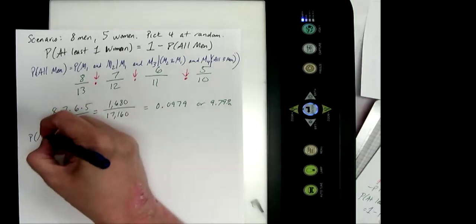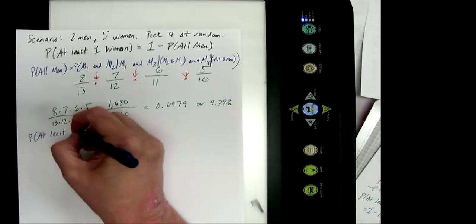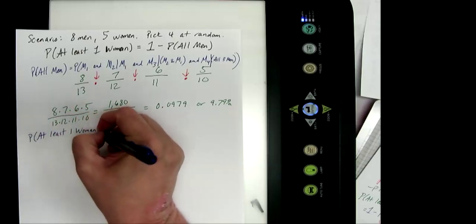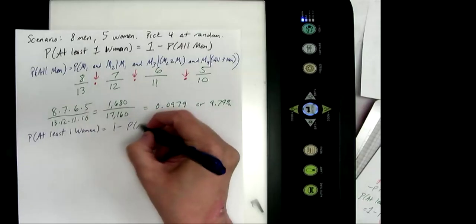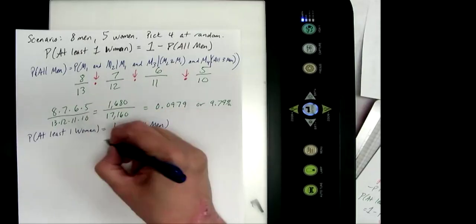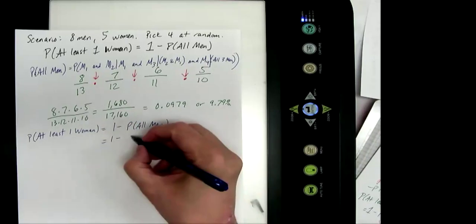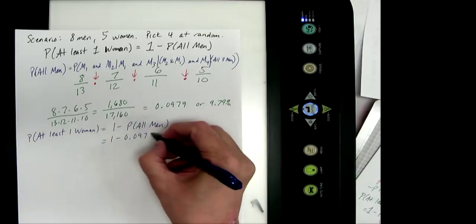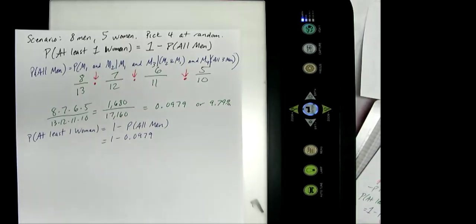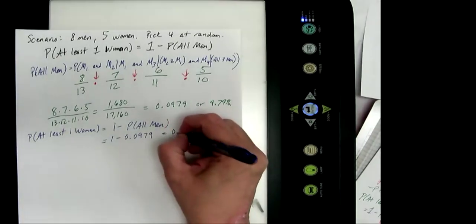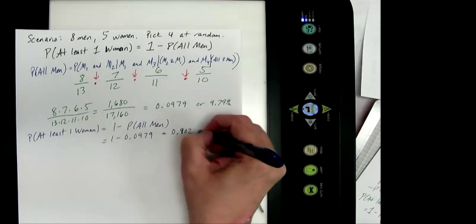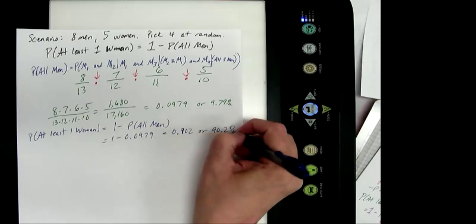So the probability of at least one woman is 1 minus the probability of all men. 1 minus 0.0979, or 1 minus whatever I got here. Zero point 902, or 90.2%.